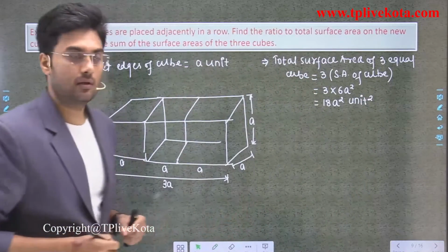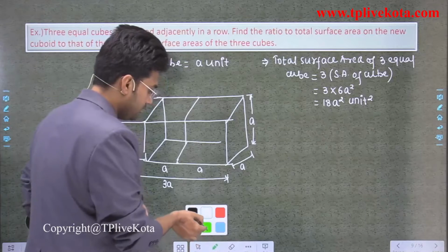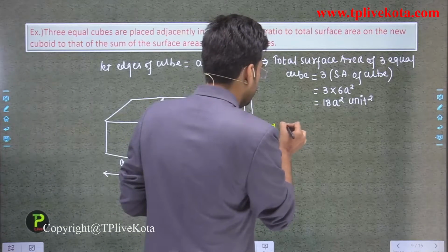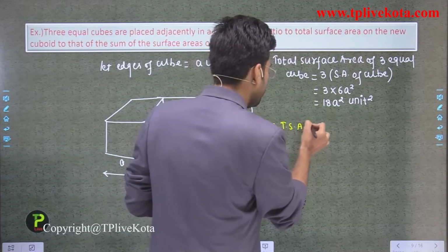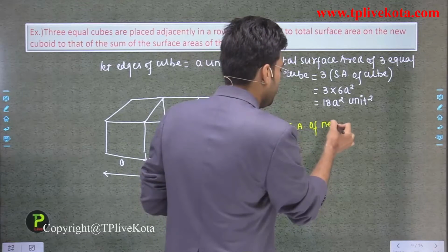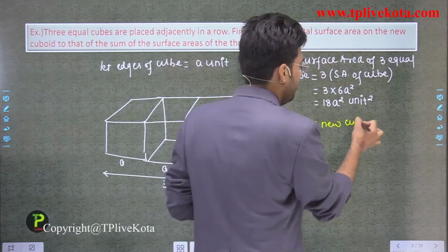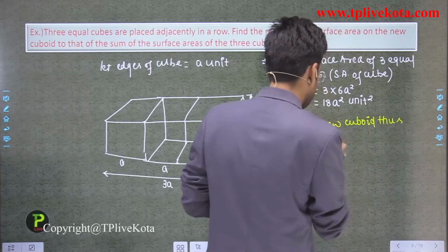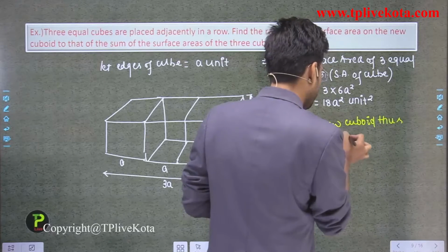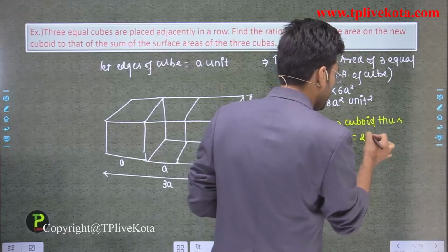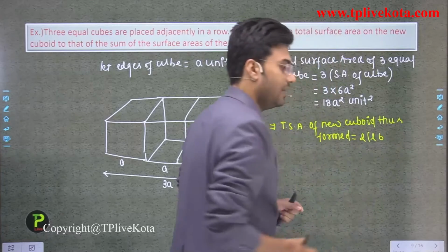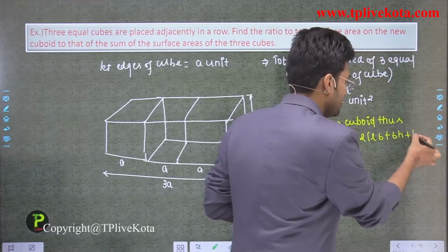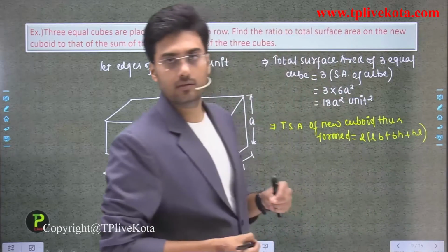Clear? Now after this, TSA, total surface area of new cuboid thus formed, is equal to 2 multiplied by length times breadth plus breadth times height plus height times length.